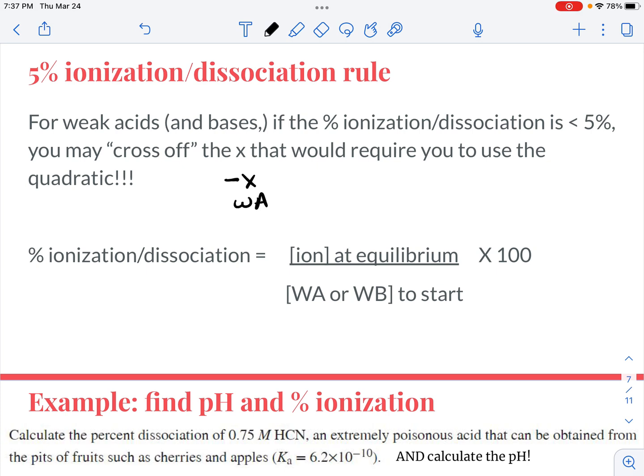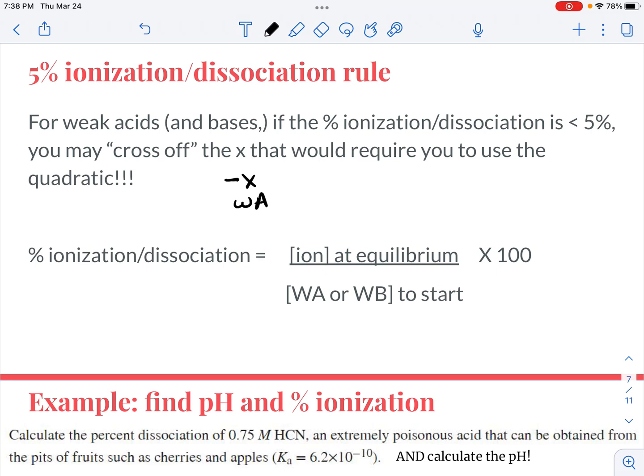And this is because Kas are often small, but they're not always super small. And the percent dissociation also depends on the concentration. So if you have a small concentration and a relatively large Ka, you may actually need the quadratic. I don't think College Board will make you do that, but you should definitely know how to check for it. And they do use percent ionization or percent dissociation a lot.